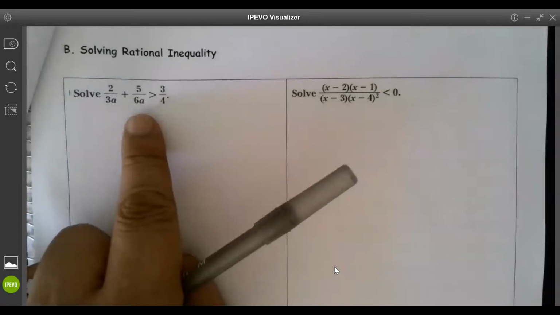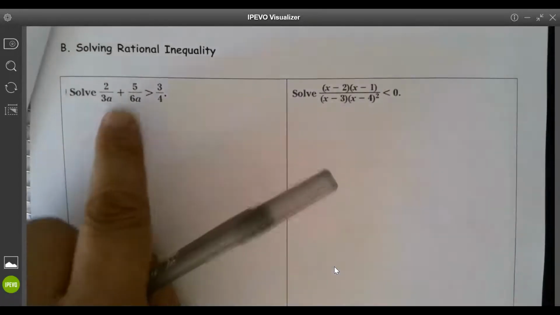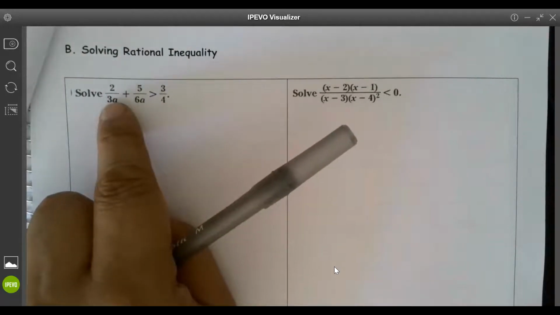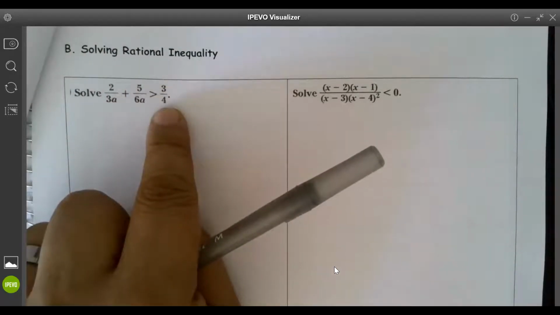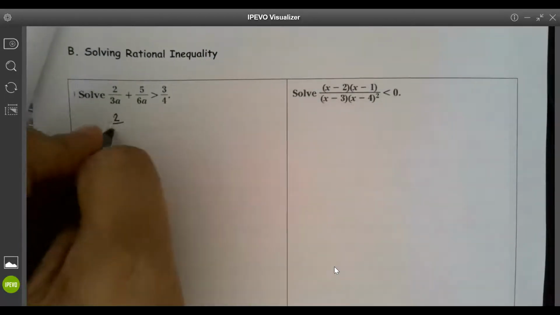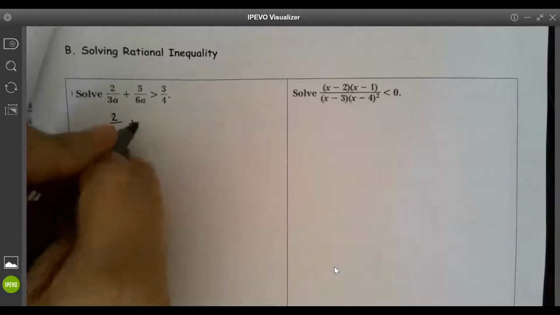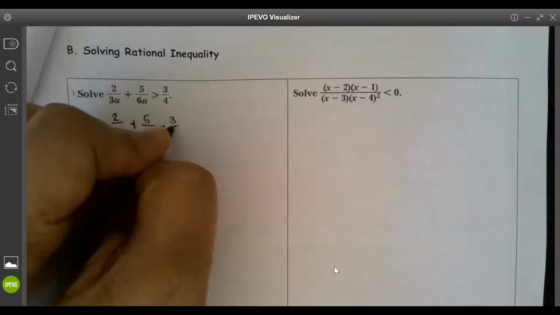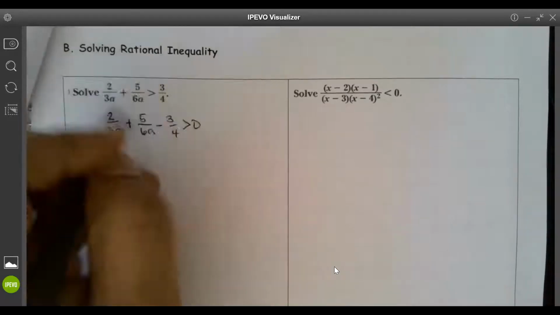What I'm going to do is the same thing: get rid of my denominators. And so I can write everything at the left side. That will be minus 3/4 is greater than 0.